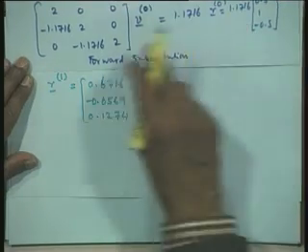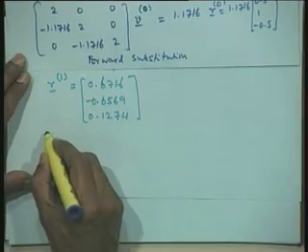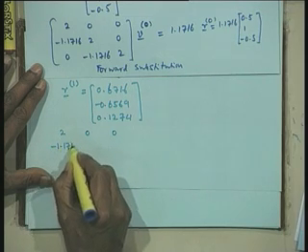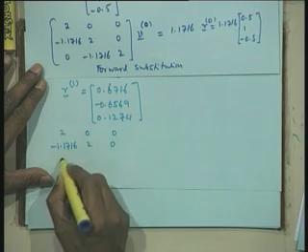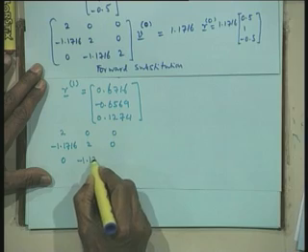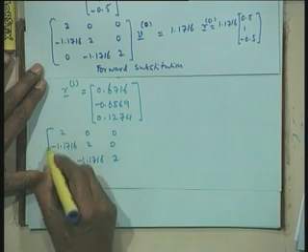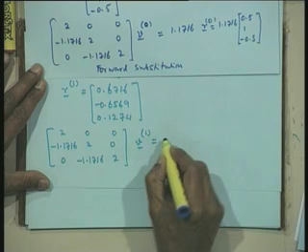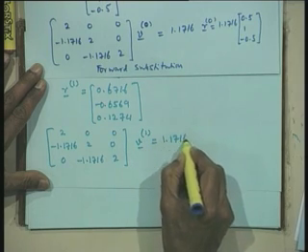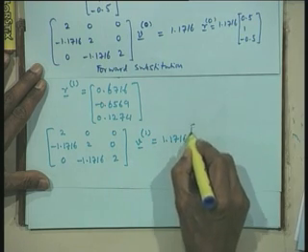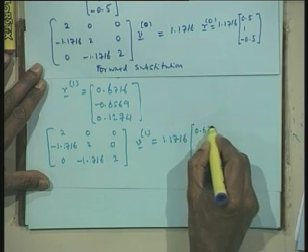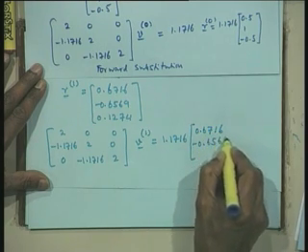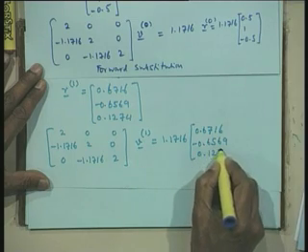Now I need to solve this system again. So I will again have to solve this system 2, 0, 0; 1.1716, 2, 0; minus 1.1716, 2, times V1 is 1.1716 into R1. So I could now write this as 0.6716, minus 0.6569, 0.1274.